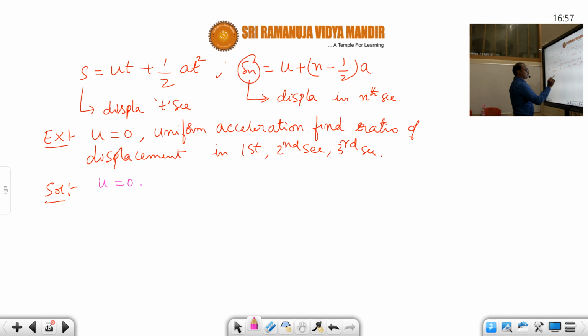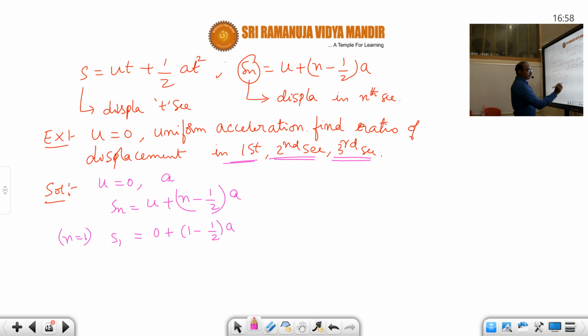Now first we take n equals 1: starting velocity 0 plus (1 minus 1 by 2) into a. So 1 minus 1 by 2, then S1 is equal to a divided by 2.